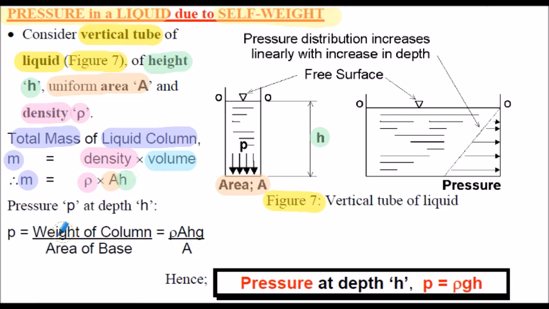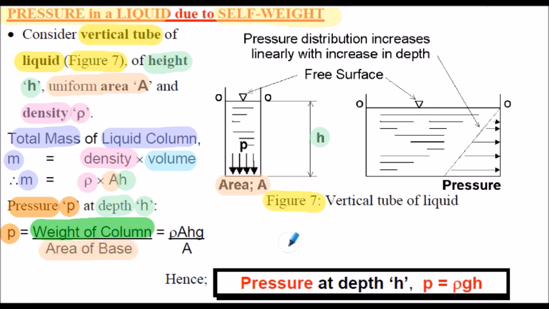So essentially we can actually calculate the pressure P at depth h, in other words at the base of the tank in this case. So consider our formula, P is equal to the force at the base of the tank, which is basically the weight of the column of water, divided by the area of the base.